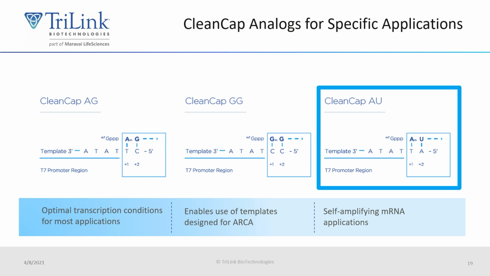While CleanCap AG offers optimal transcription conditions for most applications, we did want to highlight that CleanCap GG continues to be available as well. And we also have CleanCap AU, which is designed for and compatible with self-amplifying mRNAs, or saRNAs.